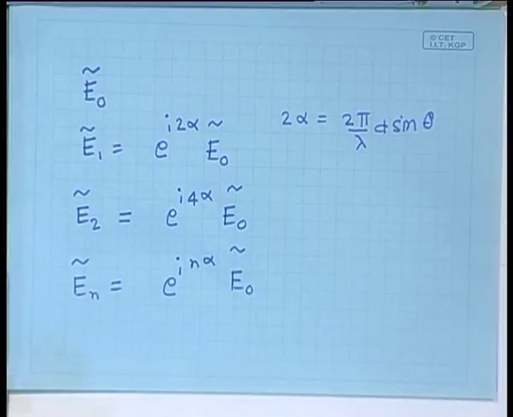So, the basic point over here is that a distant observer is going to receive the radiation from these different oscillators with a phase difference.